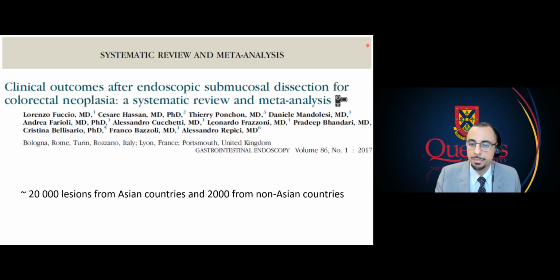Some people in Europe at that time had been doing ESD for a couple of years. It included 20,000 lesions from Asian countries and 2,000 lesions from non-Asian countries. So it gives you an idea right there of the experience with the procedure between the two areas.